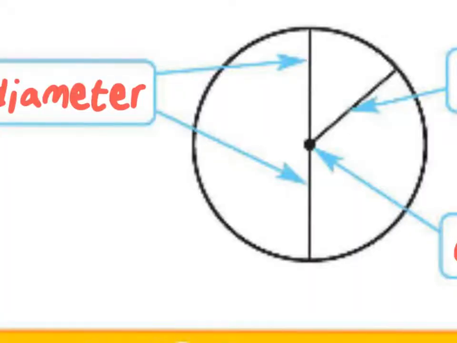A quick side note about our symbol pi. Pi equals 3.14 when rounded to the hundredths place. What is pi? How does it relate to a circle?